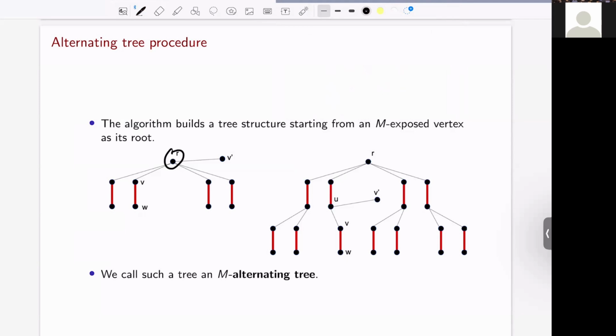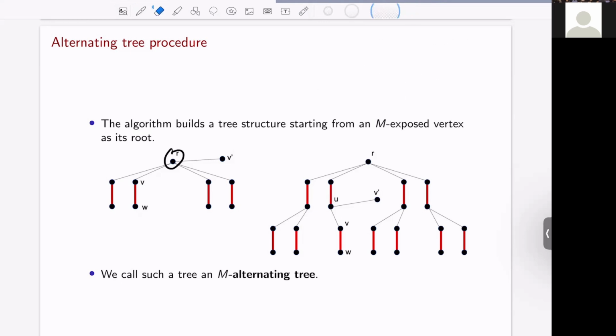So this is exposed, so it's not connected to any of the matching or red edges. So you enumerate all neighbors, and the neighbors are attached by these black edges like this. You take R and you enumerate all the neighbors in this graph.